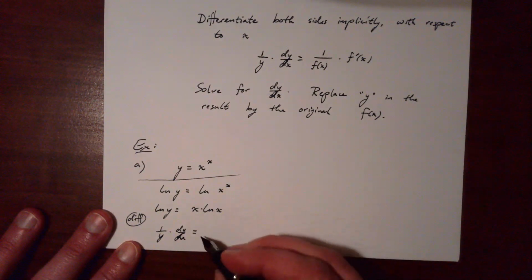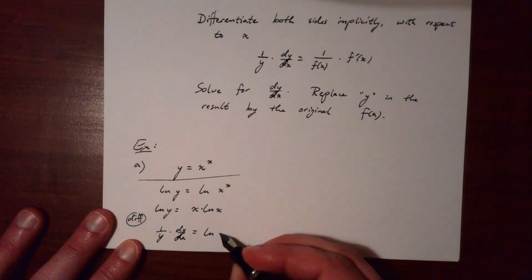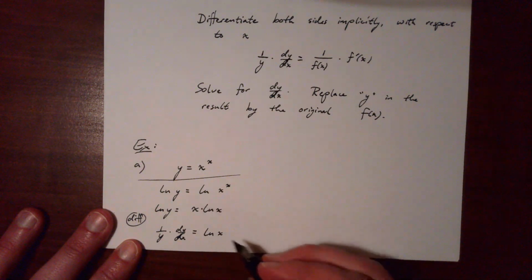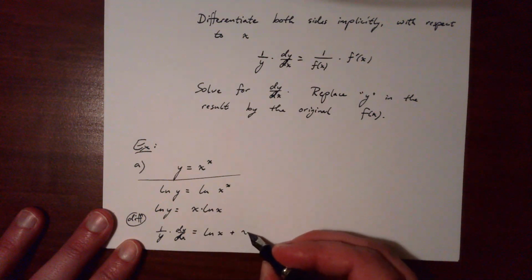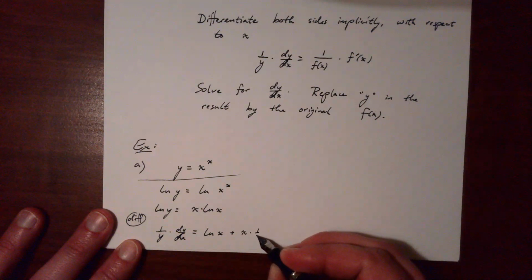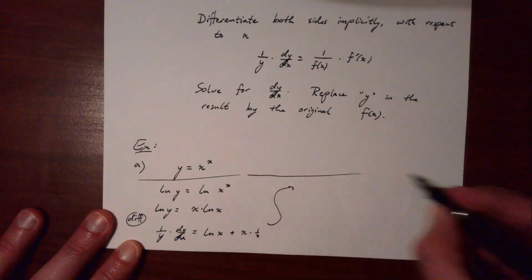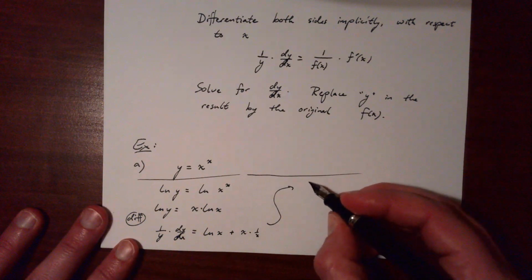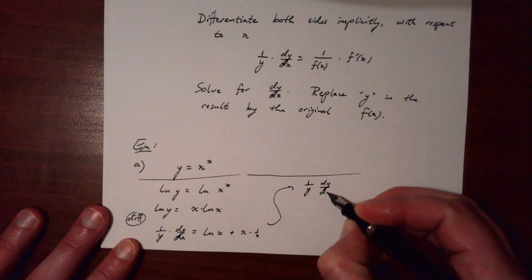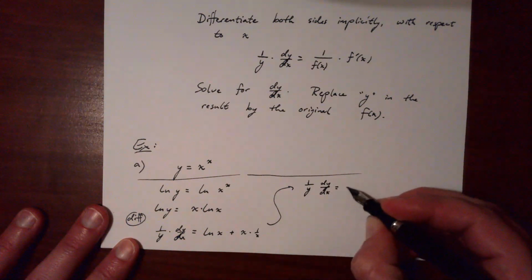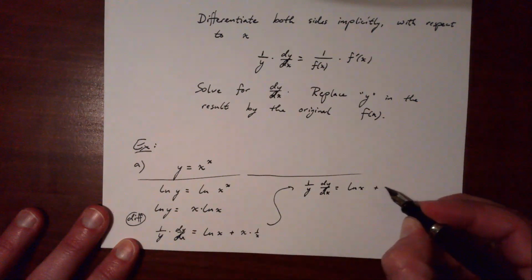Product rule says derivative of the first, which just makes ln x, plus, leave the first alone, times the derivative of the second. So then where does that take us? Well, it looks like 1 over y dy dx is equal to the natural log of x, and these two just cancel and make 1 plus 1.